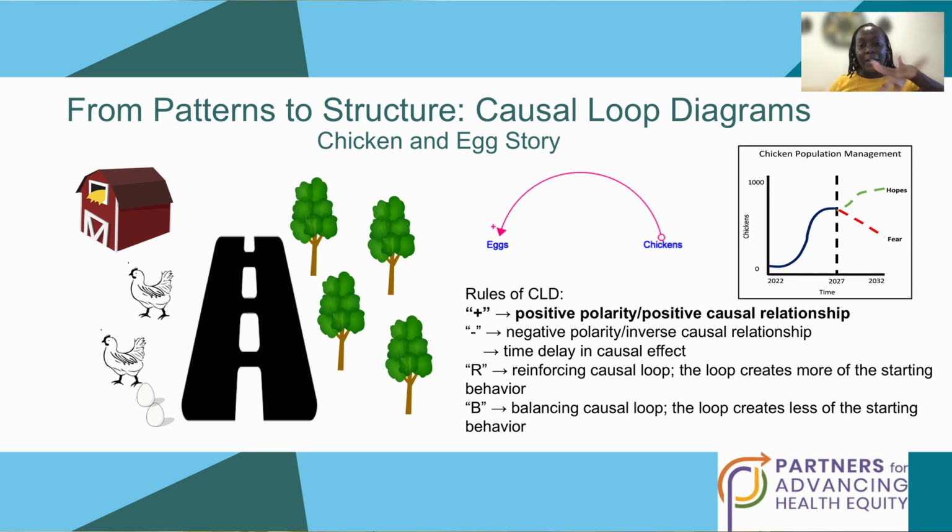You're representing variables, their relationship, and if one increases the other, then you have a positive causal relationship. A positive causal relationship just means that the two variables at the end of the arrow move in the same direction. So I could similarly say, if I have less chickens, I have less eggs, and that's still a positive relationship. So I'd use a little plus to indicate that, but they're both going in the down direction rather than both going in the up direction. So that's rule number one of causal loop diagrams.